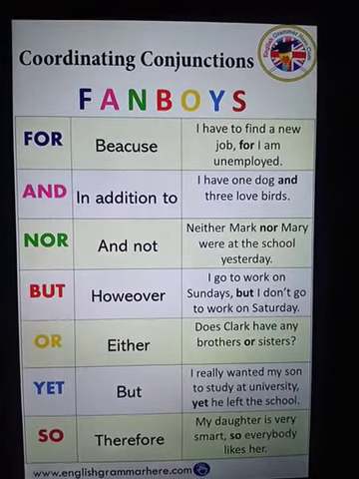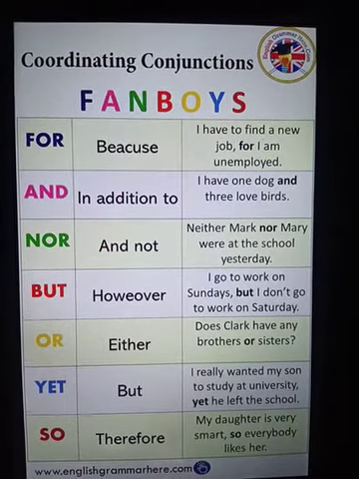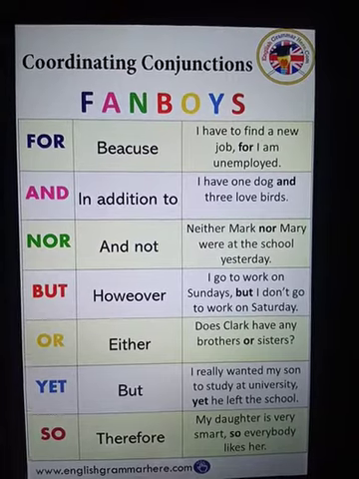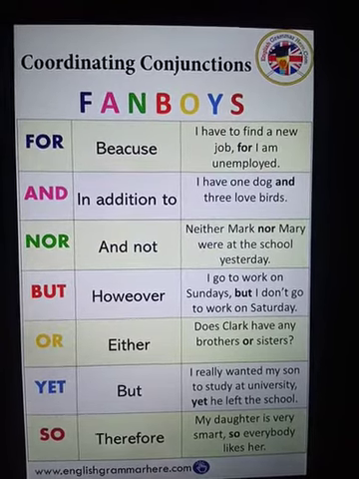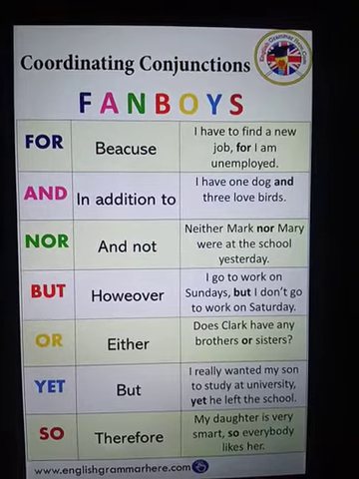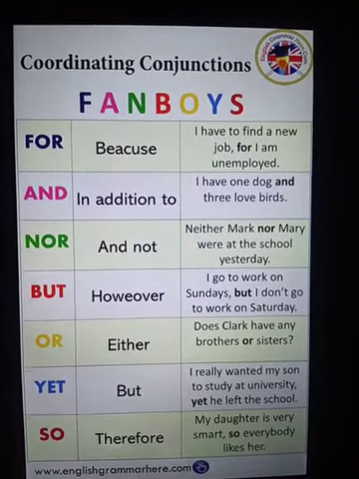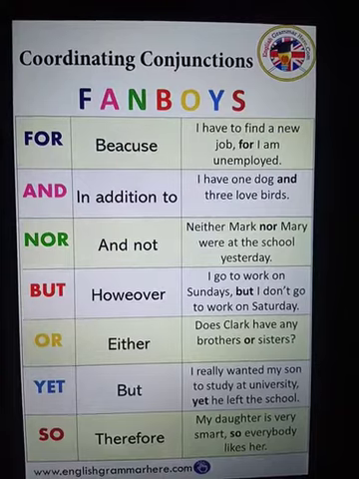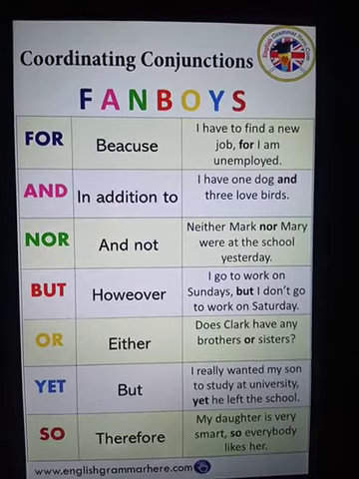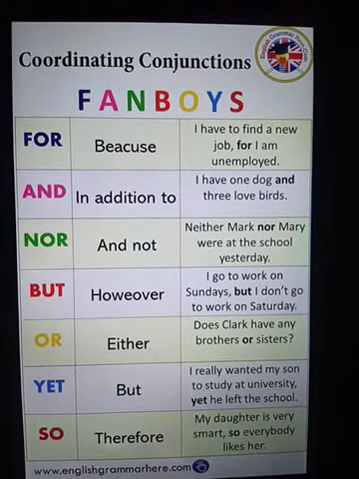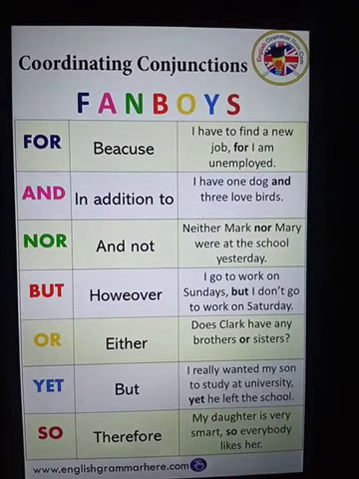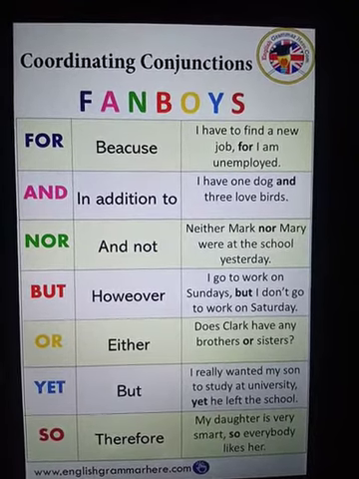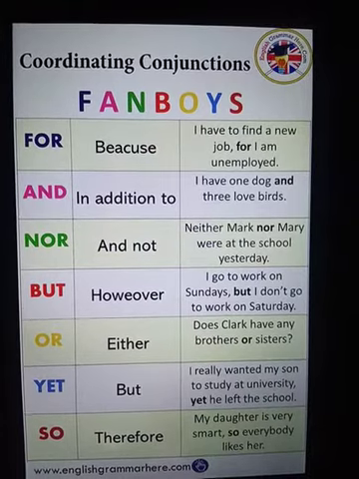It means this is a sentence in which two nots were there: Mark was not at school, Mary was not at school. Two nots are there, so we can use neither and nor. Children, one thing more: nor is a coordinating conjunction, but if you use neither nor together, or either or together, it will be a correlative conjunction.